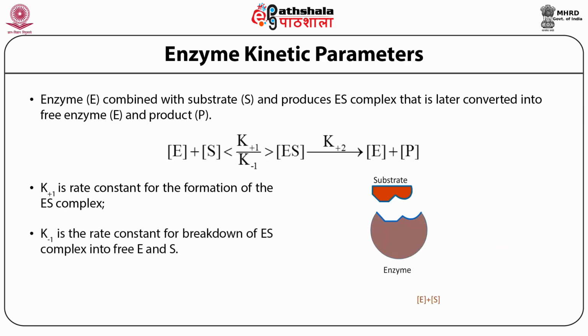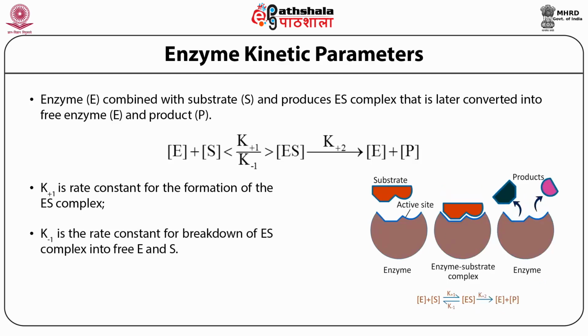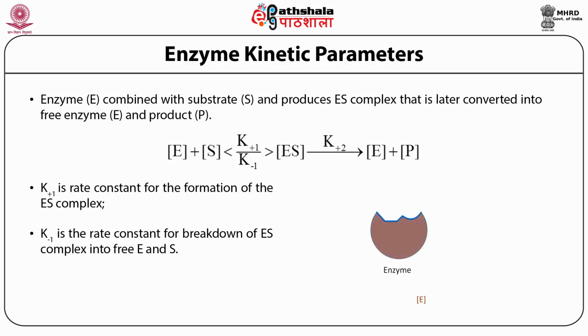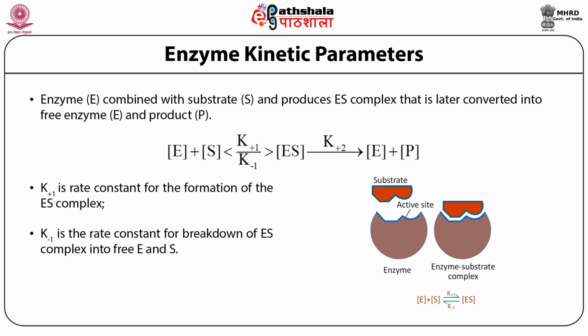So K minus 1 is the rate constant responsible for the breakdown of the ES complex into free enzyme and substrate. If you see this equation, product formation takes place when the ES complex is produced and leads to the formation of the product.